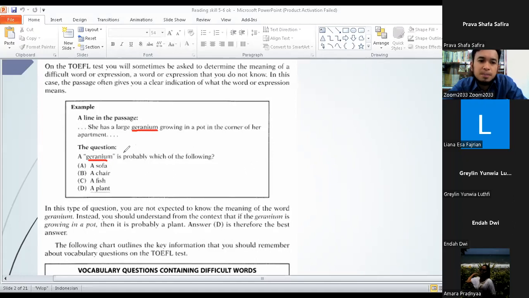So what is the meaning of geranium? In this type of question, you are not expected to know the meaning, but you should understand it from the context. This is the point. Geranium is something growing in a pot. This is the clue: growing in a pot in the corner of her apartment.